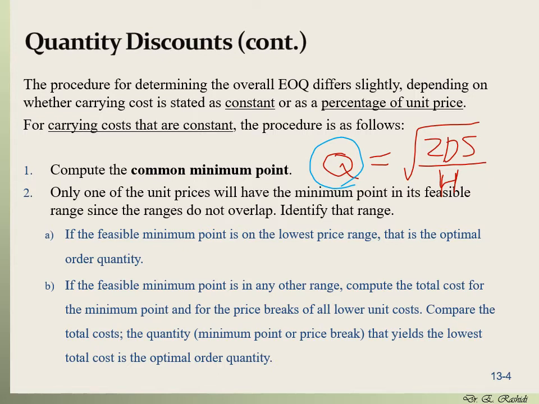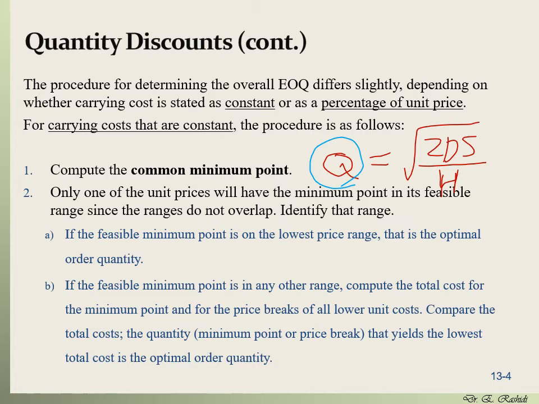Part B says to compute the total cost for the minimum point and for the price breaks of all lower unit costs. So you need to consider the quantity that you find, the price range for this quantity, and also for any price lower than that, you need to find the minimum point for those price ranges as well.